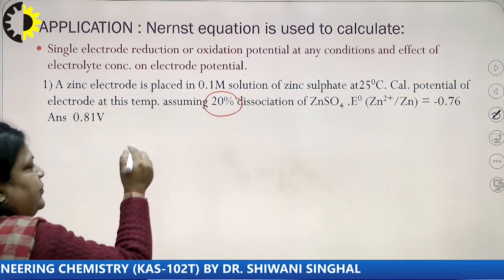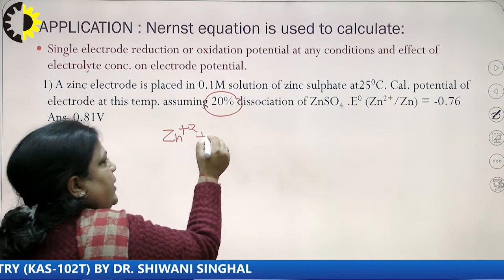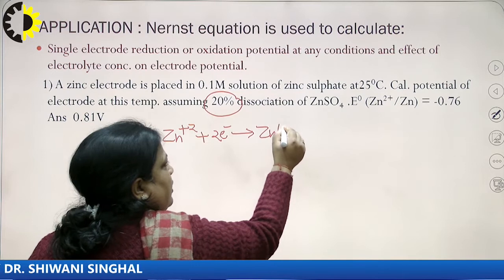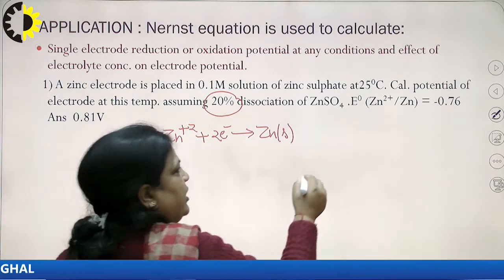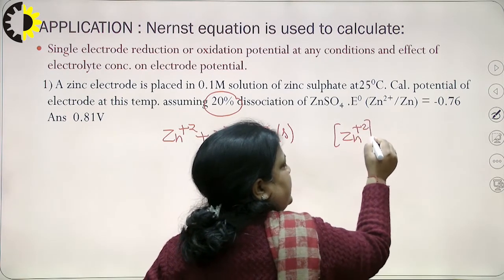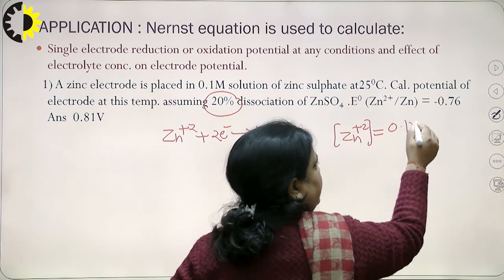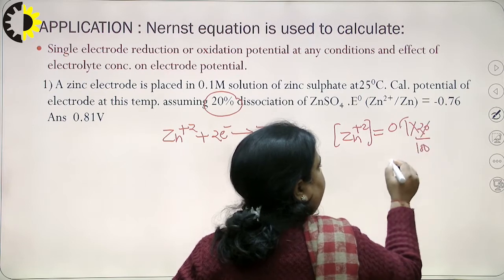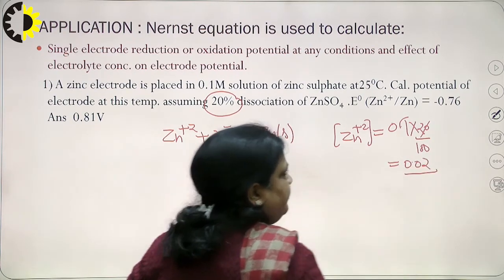So here, let us take the reaction Zn plus 2 plus 2 electrons gives Zn solid. Since 20% dissociation takes place, what will be the concentration of Zn plus 2 after dissociation? The concentration of Zn plus 2 is equal to 0.1 times 20 by 100, so it becomes 0.02 molar.